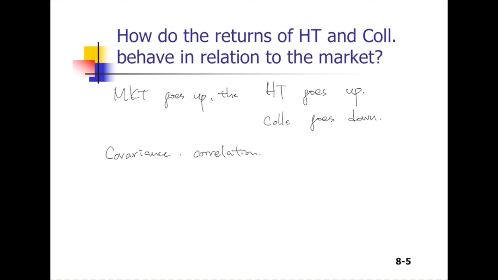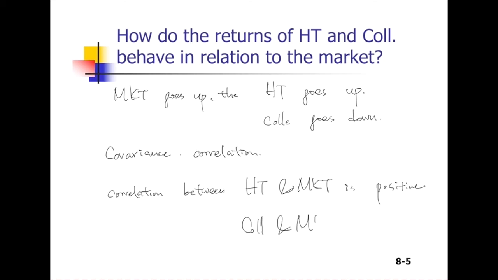It means how much they move together. So the correlation between the high-tech company and the market is positive, and between the collection agency and the market is negative.